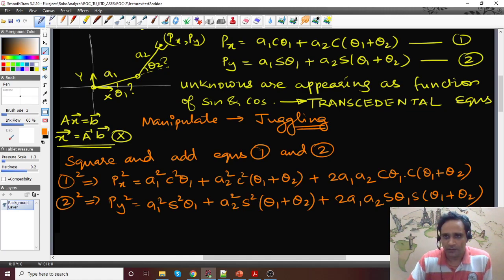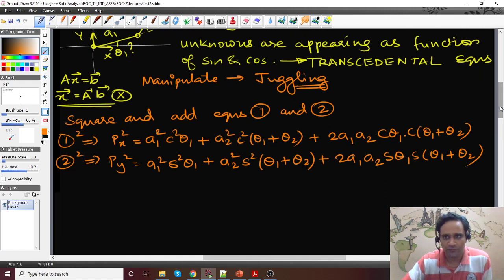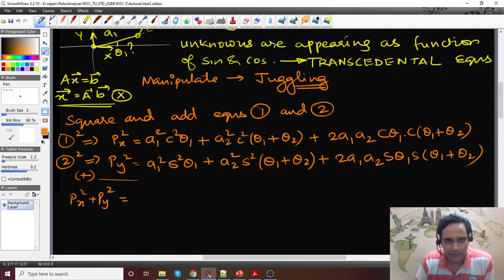Okay, now let me try to do further simplification. We are going to add. Px square plus py square is equal to, now please observe, there is a cos term and a sine term.